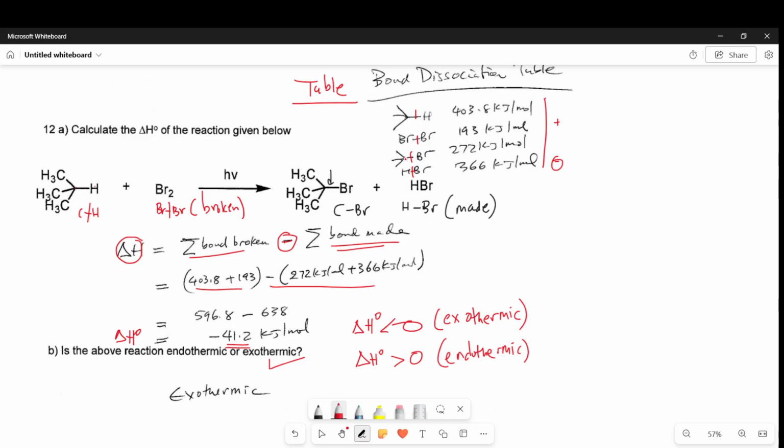For example, this carbon-Br bond is made, so it should be on the negative side. So you should be able to identify what bond is broken and what bond is made. Other than that, it's just algebra. Add all of the bonds broken, add the bonds that are made, and subtract. That would give you the net delta H value. So that's an easy question. We proceed to the next one.